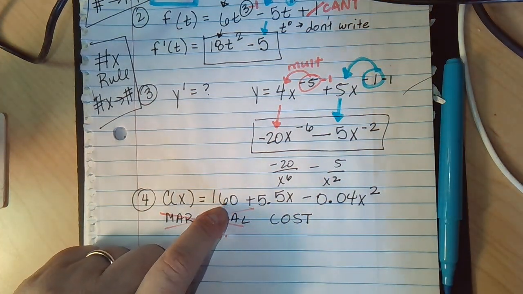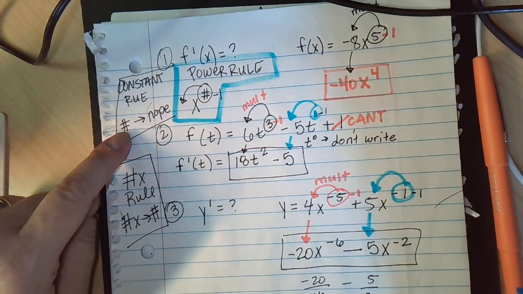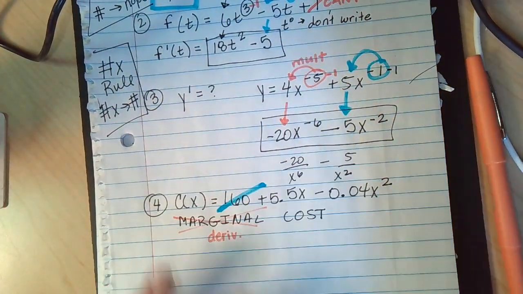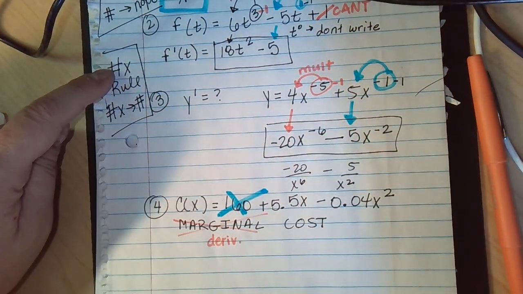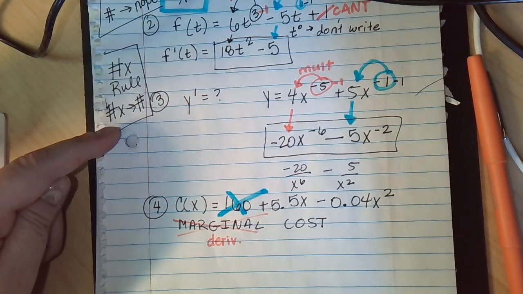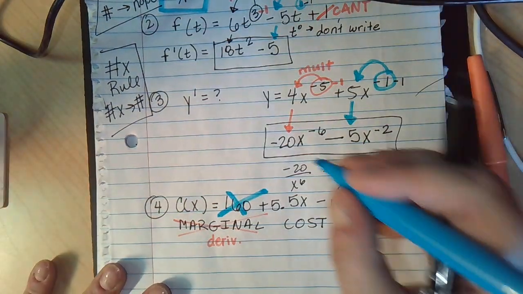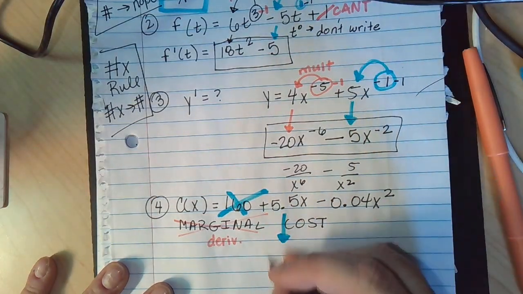Well, this first one, 160, that's just a constant. The derivative of a number is not possible, so that scratches out, it goes away. If I have a number times X, the derivative is just the number attached to it. So this 5.5x just becomes 5.5.